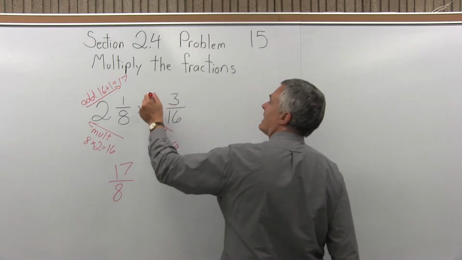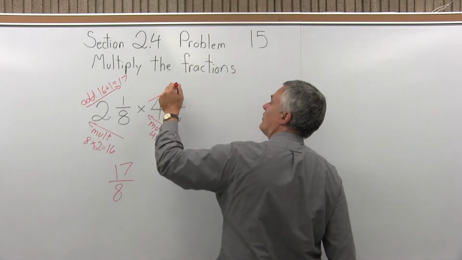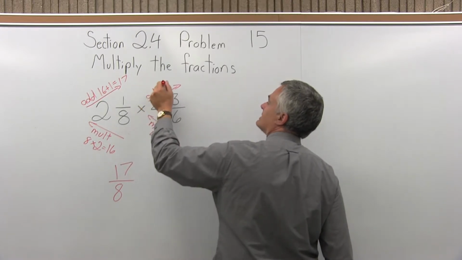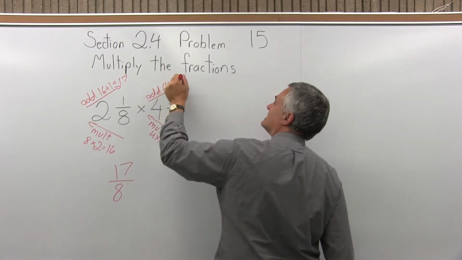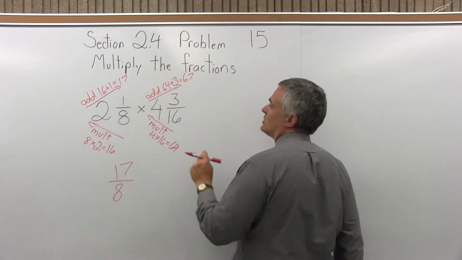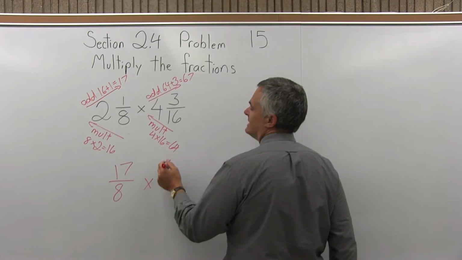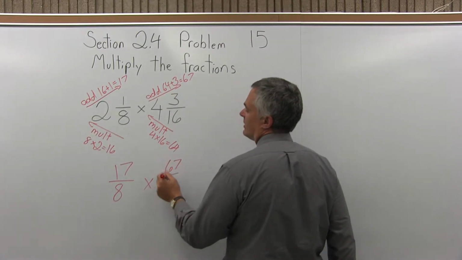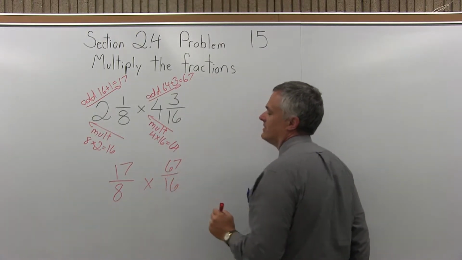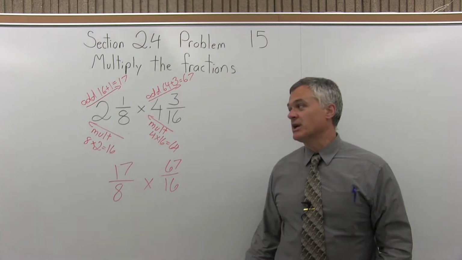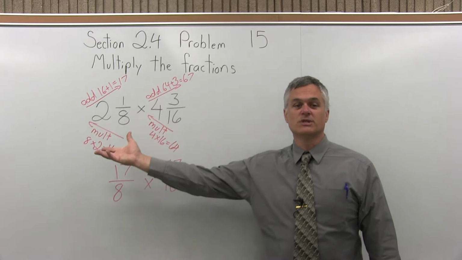And then I'll take that result of 64 and I will add it to the numerator. So I will add 64 plus 3 more, which is 67. So my fraction of 4 3/16 can also be written as 67 over 16. Now I have two fractions that have only a numerator and a denominator, no mixed numbers, no whole numbers in front mixed in.